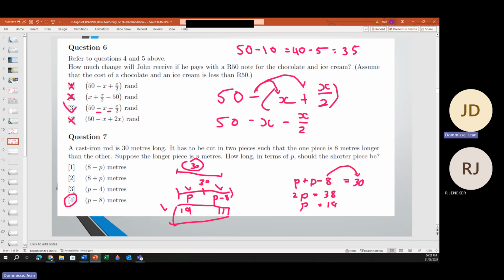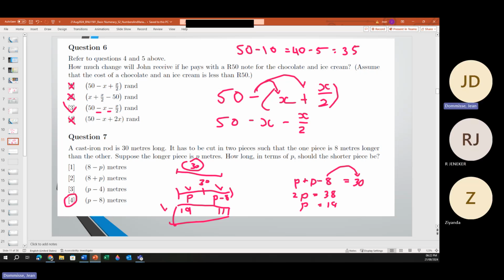There were some who wanted to say 8 minus p, but if we put that in the formula, we will see it doesn't work. So again, sometimes it is easier to put the numbers together with a formula, so that we can see how that works.